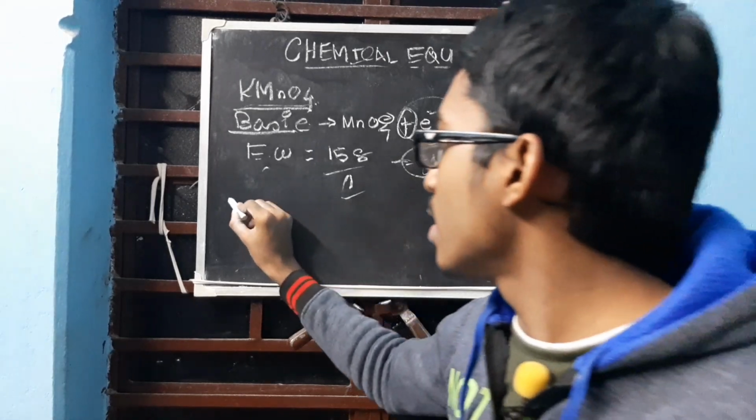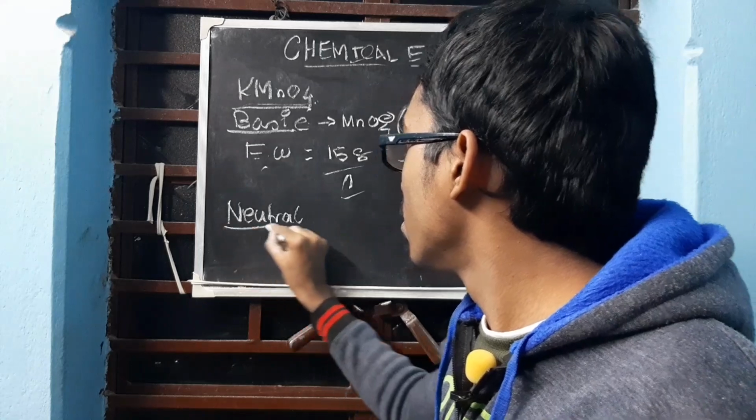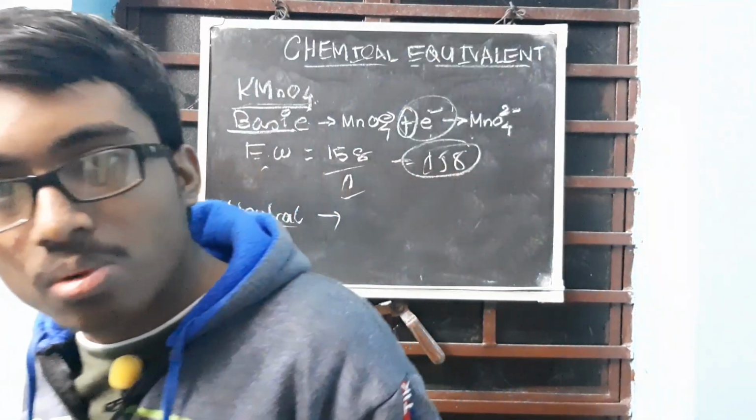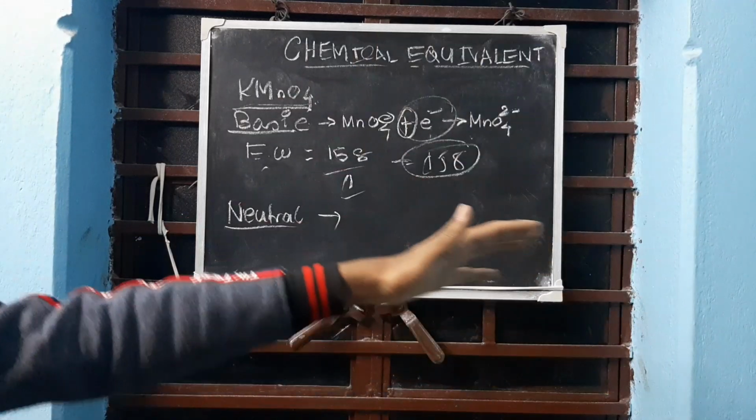Anyways, now coming to the neutral medium. We have basic on one end of the pH scale: basic, neutral, then acidic. So I am also coming in that order.